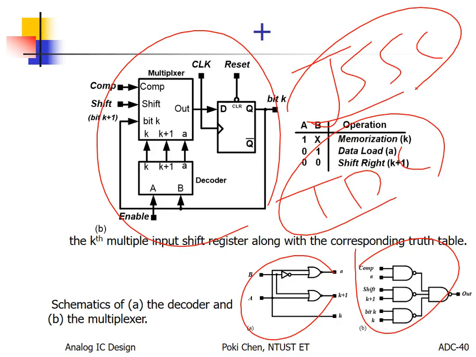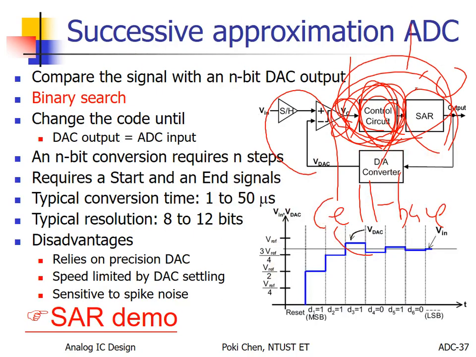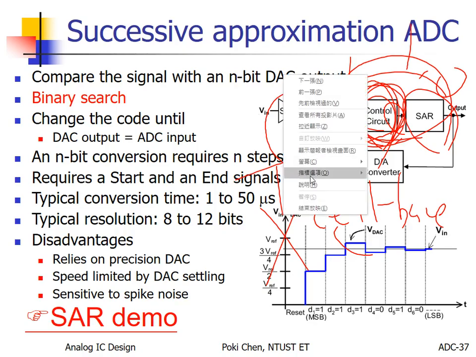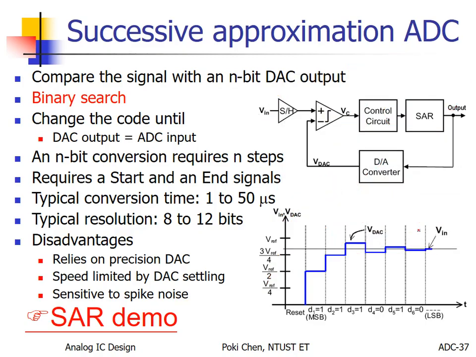You only change. You change what? This is not voltage. This should be time. That's it. But in time domain, usually we don't plot the waveform like this. Usually time needs to be horizontal.